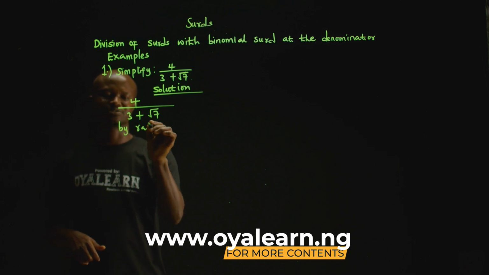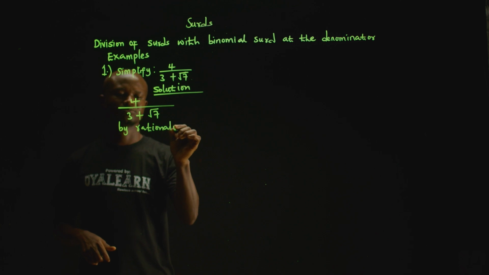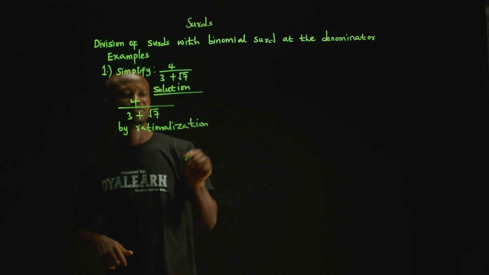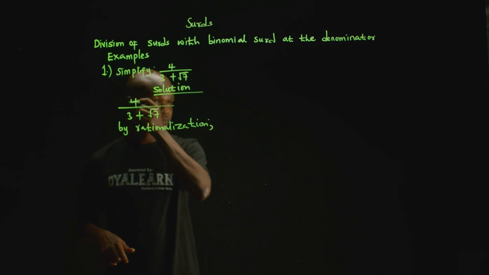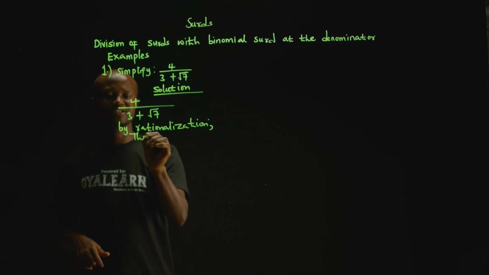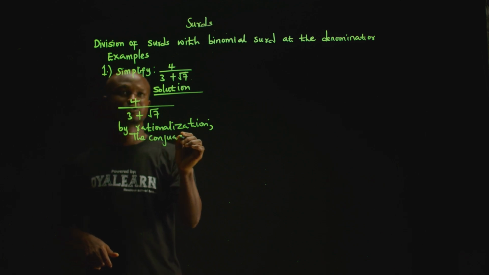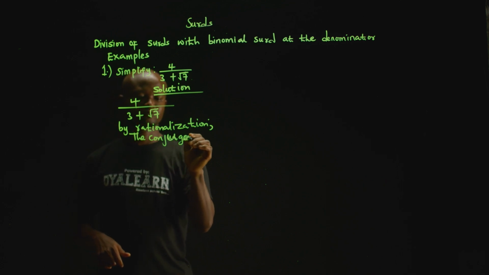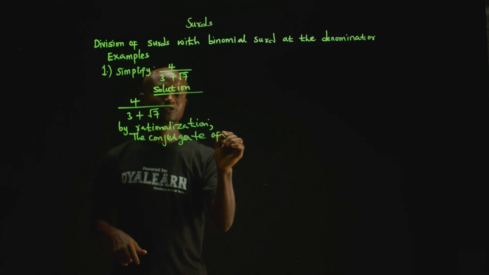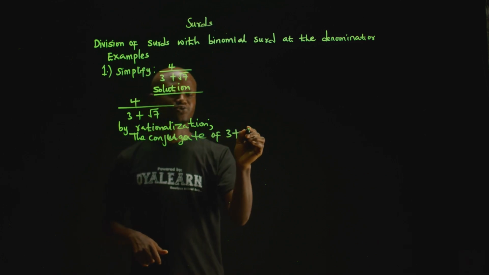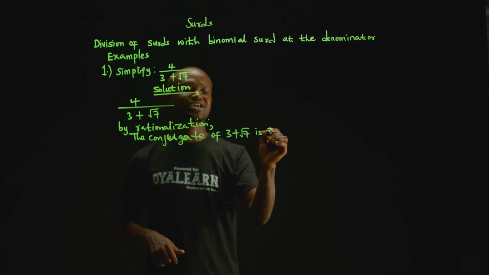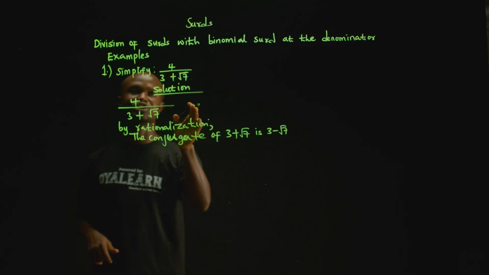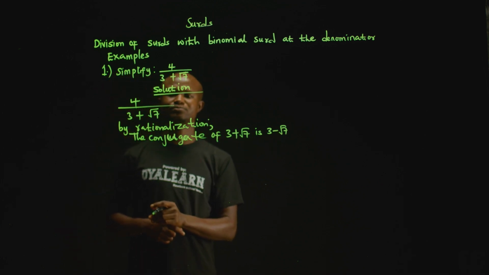By rationalization, the conjugate of 3 plus root 7 is what? That's 3 minus root 7. So we are going to use the conjugate to multiply both numerator and the denominator.